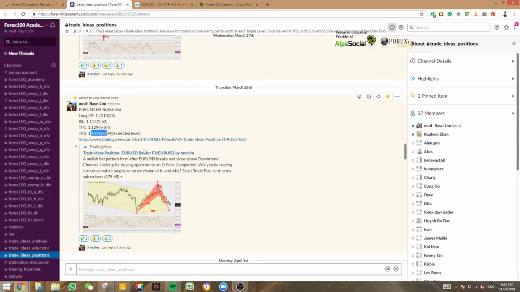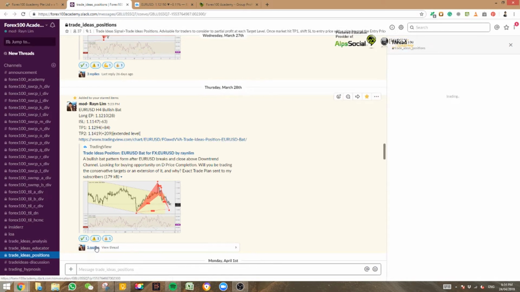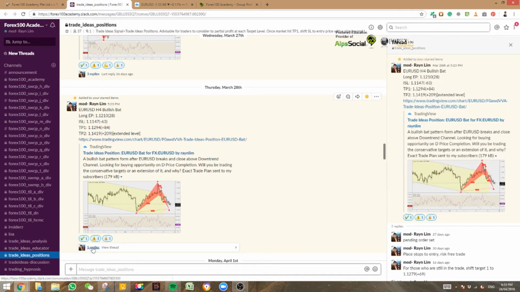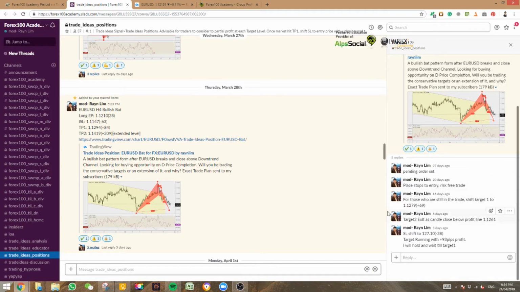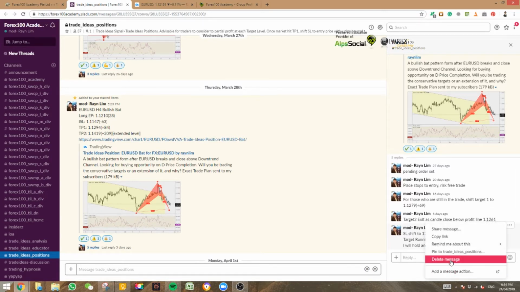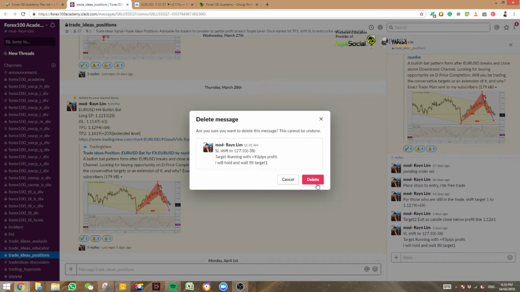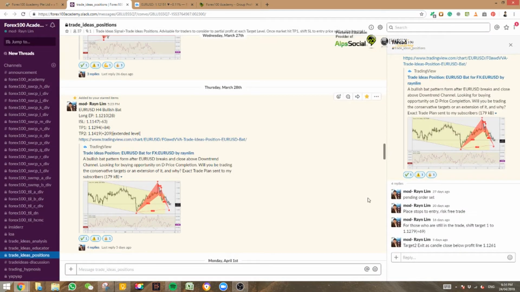You see that Slack group is one of my favorites because it's very well sorted. There are 5 replies: pending order set, stop loss shift, reduce stops and stuff like that being shared. This is another post on another trade idea. At that time I did post wrongly, but anyway, target 2 exited at 1.1261 instead.